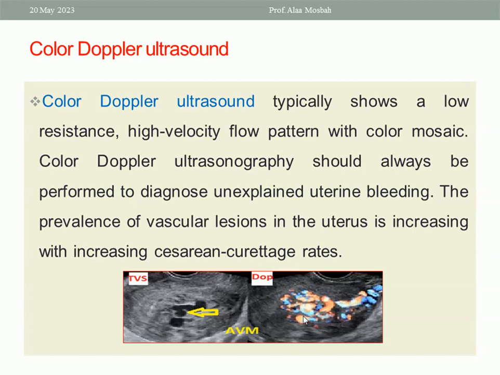So when you have a case with abnormal uterine bleeding and it is unexplained, you can't find any cause, please be careful to do color Doppler ultrasound. If there is suspicion of uterine arteriovenous malformation, what is the picture?